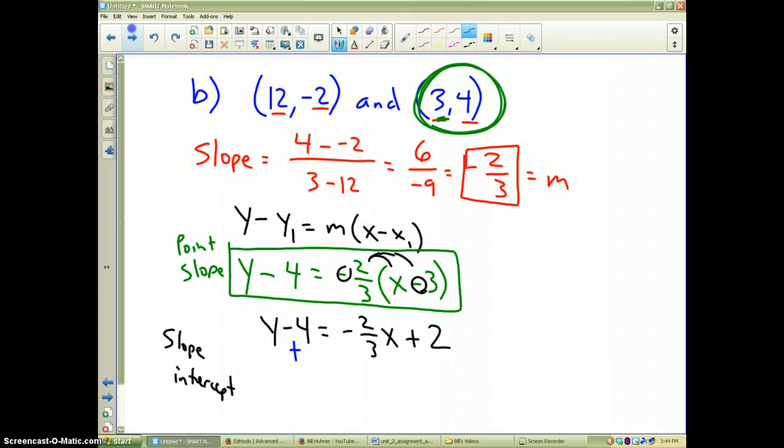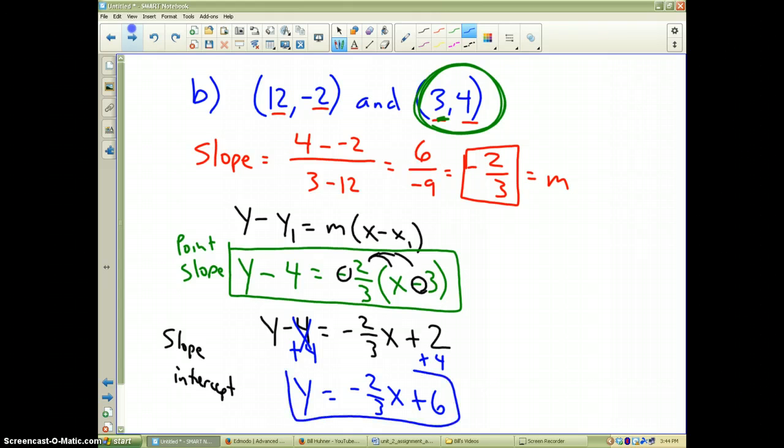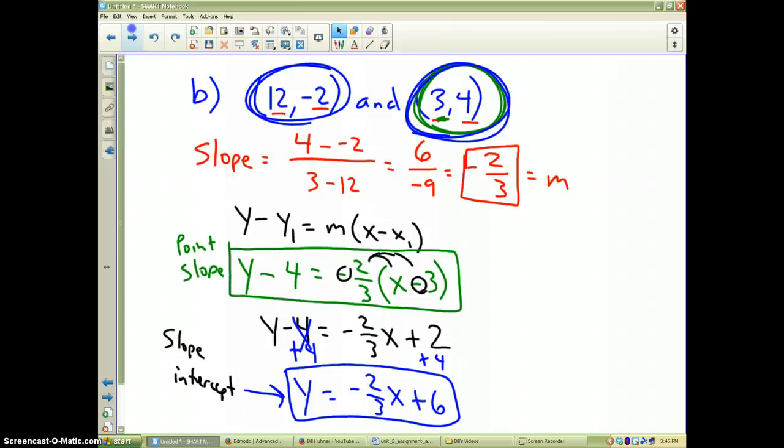Last, I add 4 to both sides. Those cancel. And my slope-intercept form, y equals negative 2/3 x plus 6. And that is my equation that has these 2 solutions. And that's how you use point-slope form.